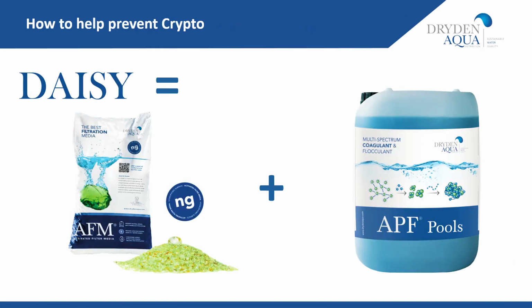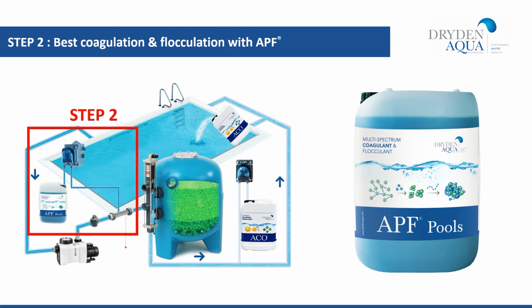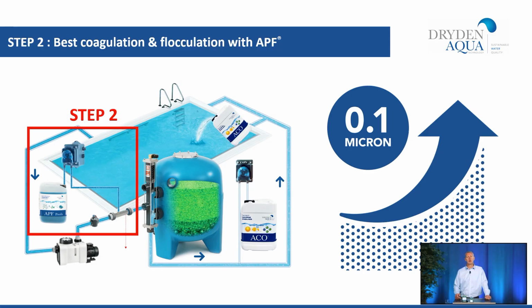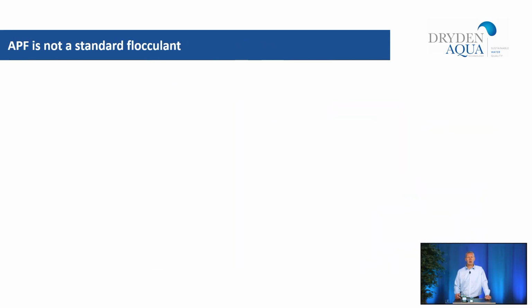With AFM and APF, our coagulant flocculant, this is now what we call DAISY, the Dryden Aqua Integrated System. So this is the second step of the system. Once you've employed APF with AFM to make a DAISY, we improve the filtration further by a factor of 10, and we can achieve 95% particle removal down to 0.1 micron.